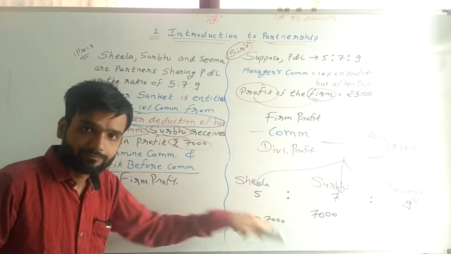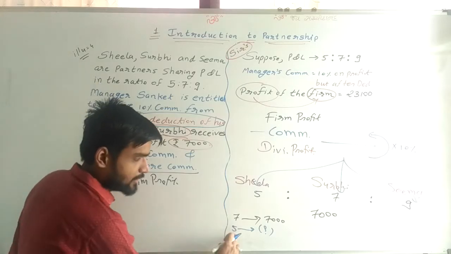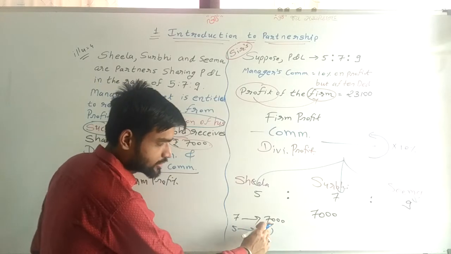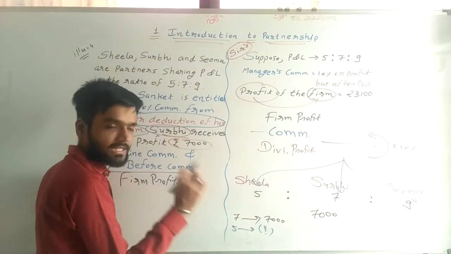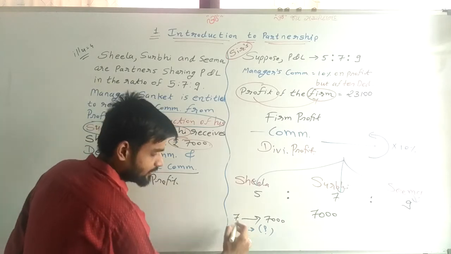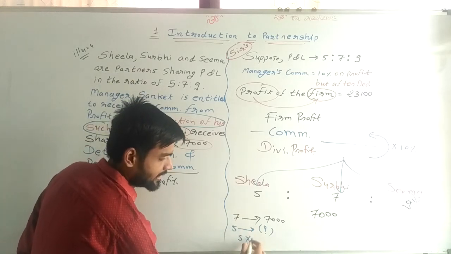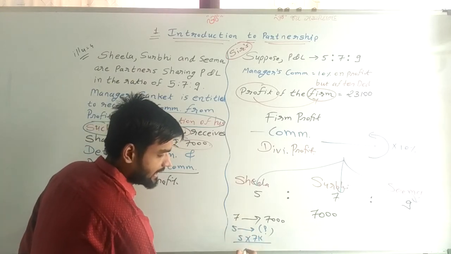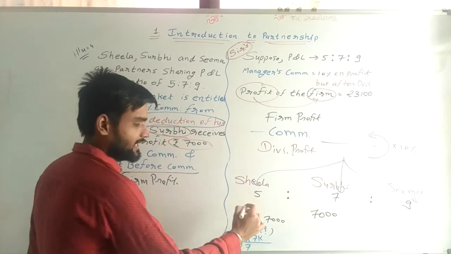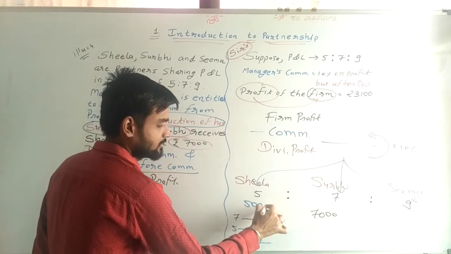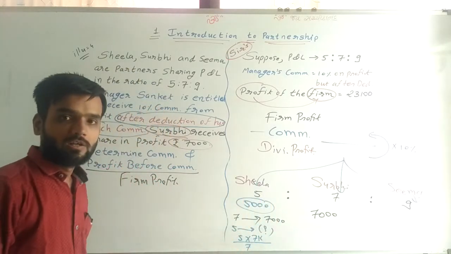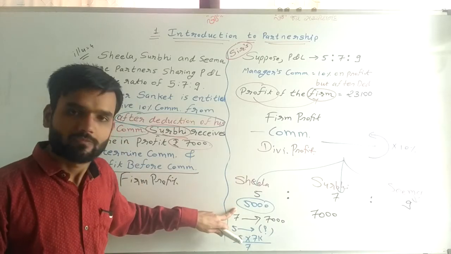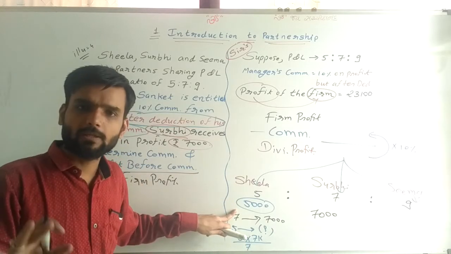Solve this equation: 5 into 7,000 divided by 7. The answer is 5,000 rupees. Sir, the profit of Sheila is 5,000 rupees. Simple.